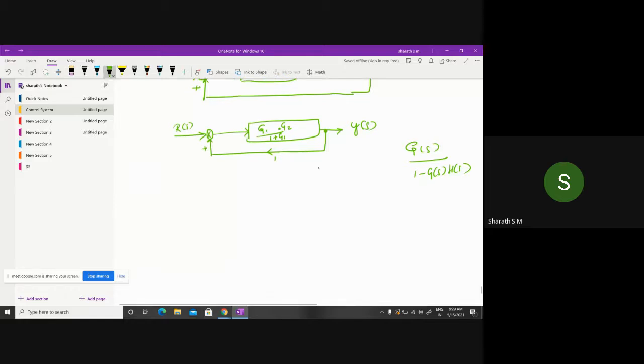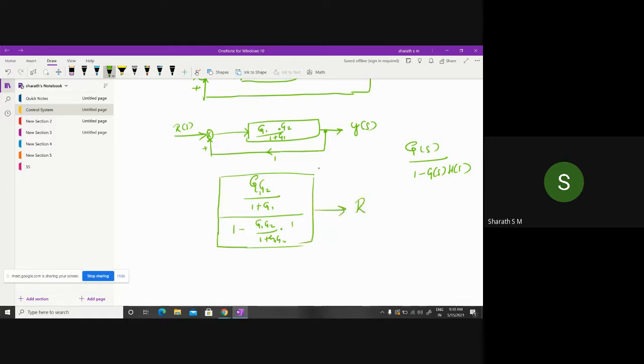Now in the place of G of s, we have the whole variable: G1 G2 divided by 1 plus G1, whole divided by 1 minus G1 G2 divided by 1 plus G1 into H of s, which is 1. This is the final reduction into a single block.